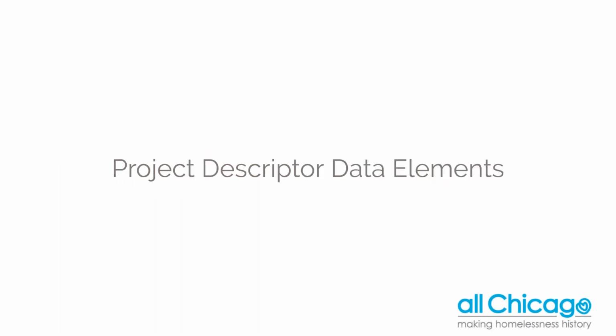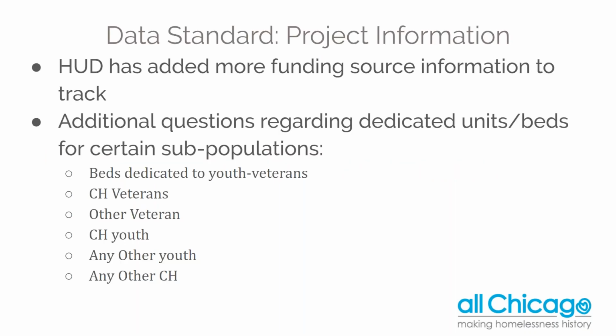So for one, we have the project descriptor data elements. Now, what does that mean? What it means is it really just impacts when you create a project. That's all it does. When you create a project, or when you create or update your unit list, whatever it may be, we are going to be asking you more questions about that unit list when you fill out one of the project data creation forms.